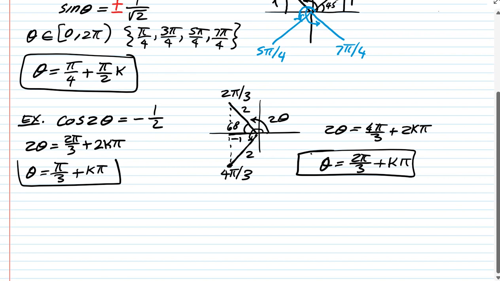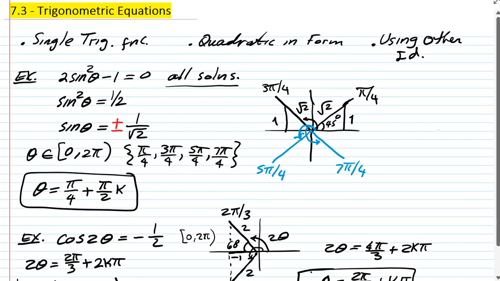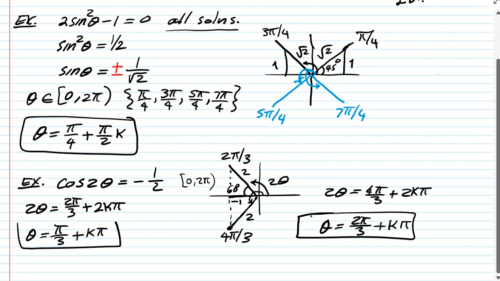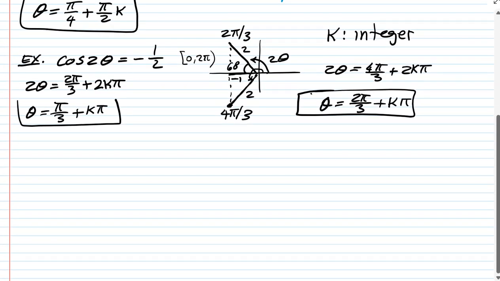All right. Now, let's actually plug in values for k and pick up all the solutions from 0 to 2 pi. So remember, k is an integer. In all of this work that we do, anytime you see k anywhere in my notes, k is an integer. The integers are all the whole numbers and their opposites, except 0 is 0.